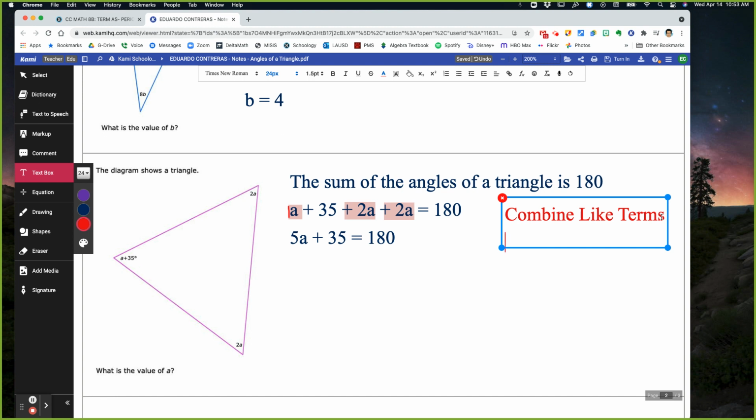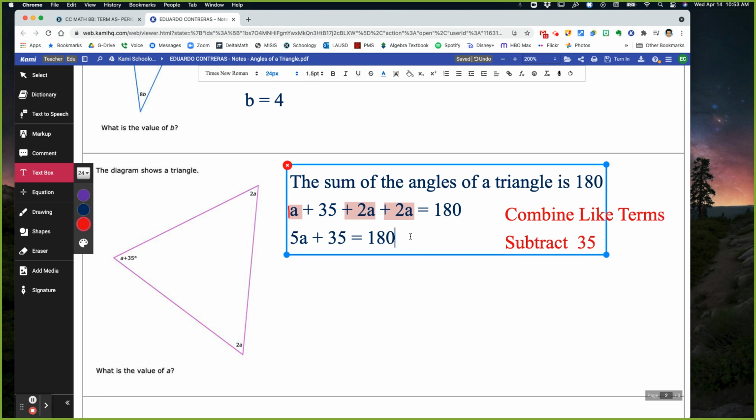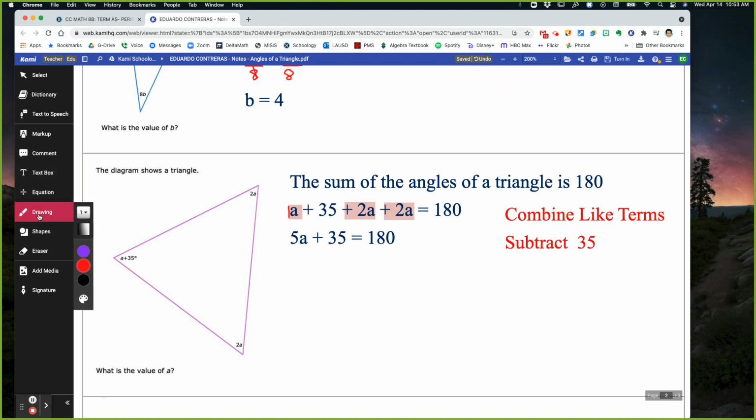My next step is subtract 35. Okay, I'm going to do that. Let me show that step here, like so. Minus 35, and I'll do that to both sides.